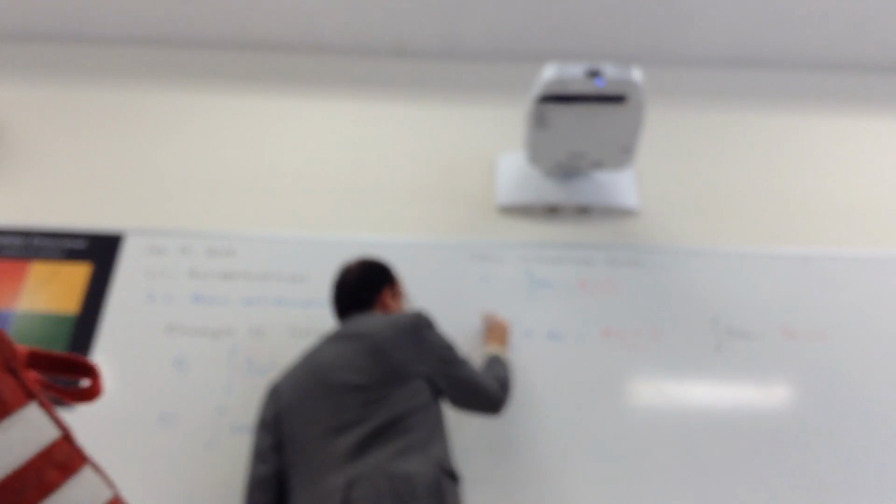Number 3. One of the most important ones. Integral of x to the n dx. Remember that last semester when you found the derivative of x to the n, that was the power rule, right? What was the derivative of x to the n?